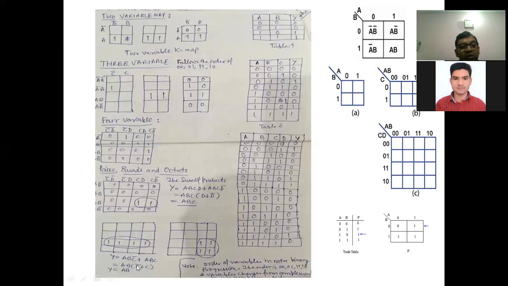So y is equal to ab. So this K-map is reduced to y equal to ab.